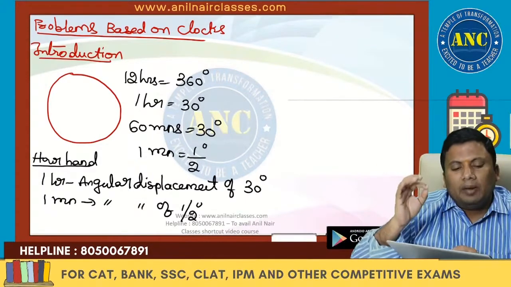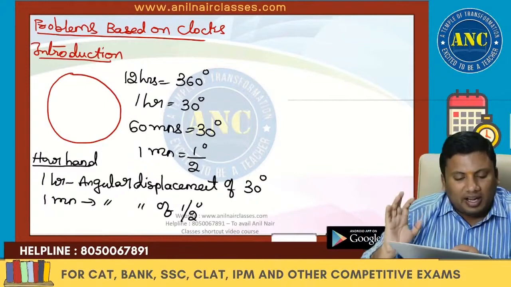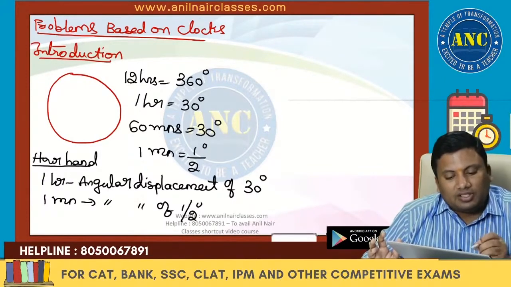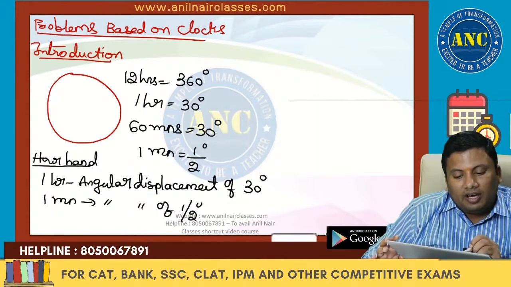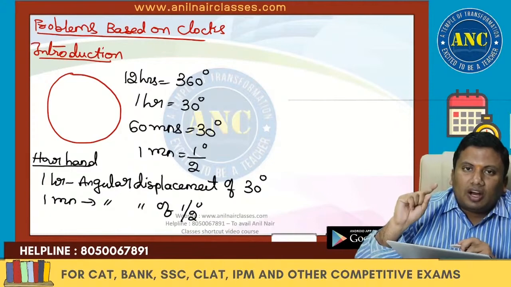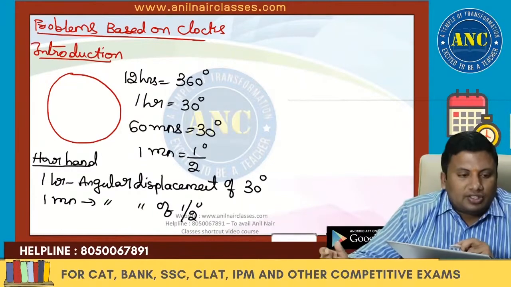My only point of reference is our hand. Everything I did is with respect to our hand. 12 hours is 360 degrees. 1 hour is 30 degrees. In 1 hour, if you see the clock, right?